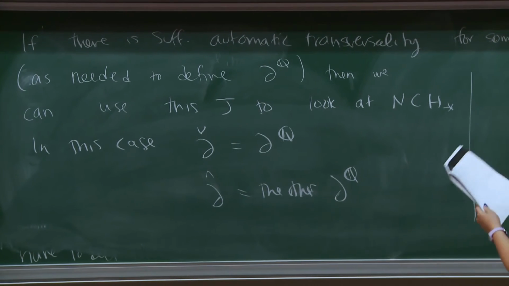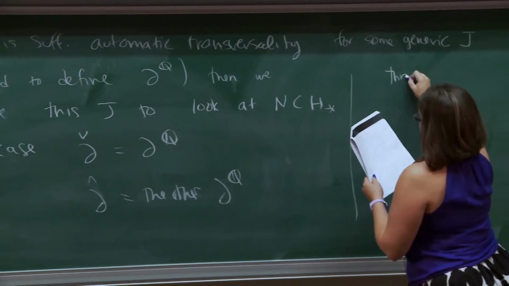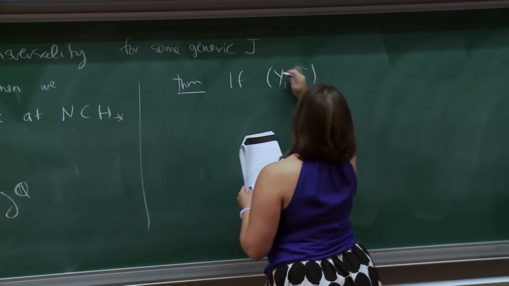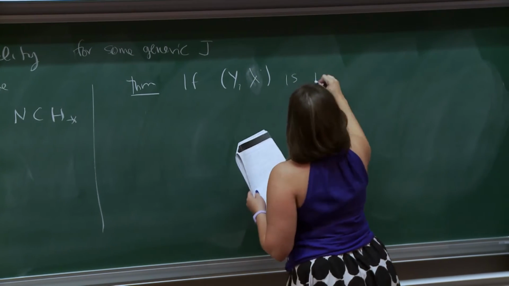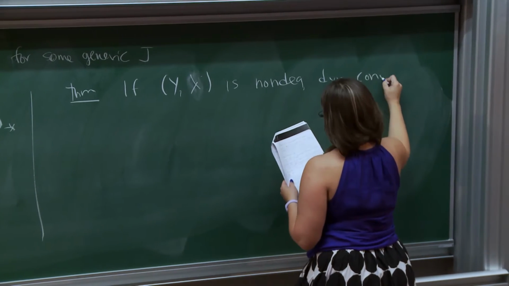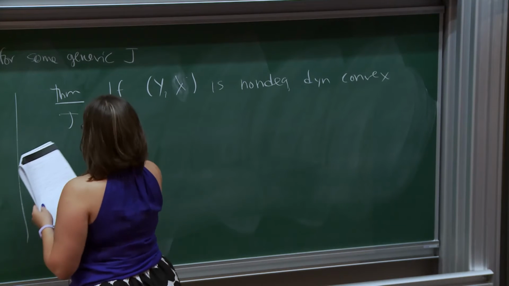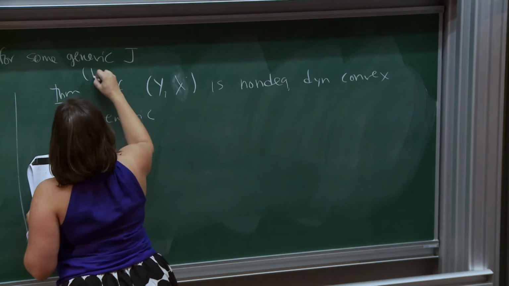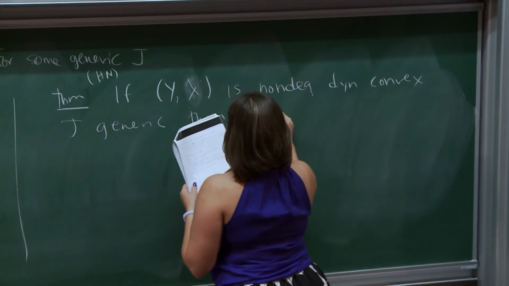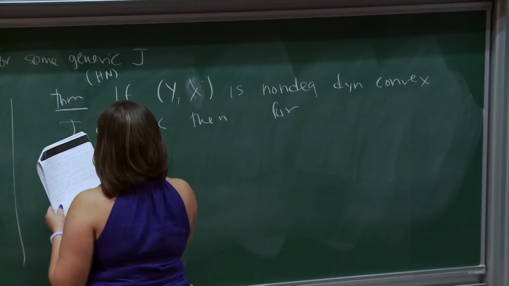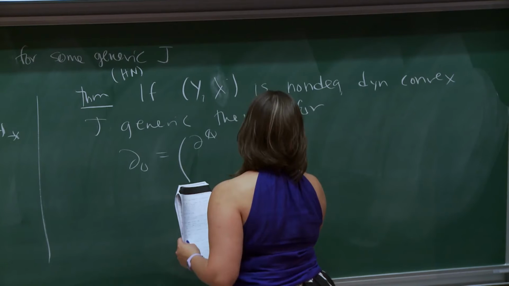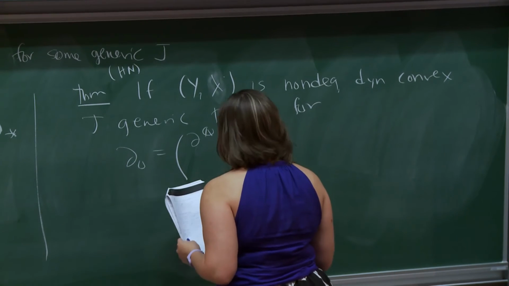But it turns out that you can show that, so if Y lambda is non-degenerate, dynamically convex, J generic, then for D0 equal to dq minus d, well, I did not use good notation for this.